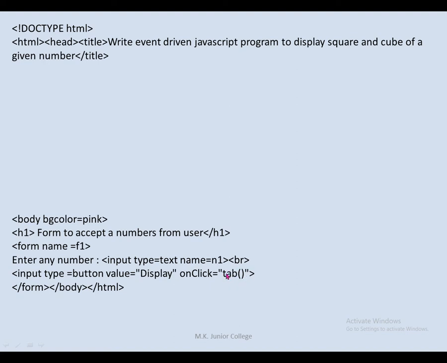So for what are you creating this function? जैसे ही यूजर ने उस बटन के ऊपर क्लिक किया, your program should display the square and cube of that particular number. Okay, so all those commands, all those calculations are there in this function. The name of my function is tap.